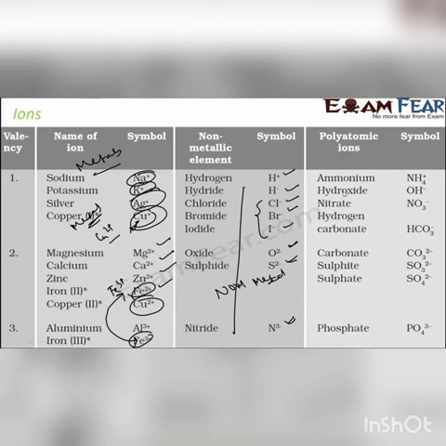Right? And these are examples of polyatomic ions. For example, NH4 plus, OH minus, NO3 minus, HCO3 minus, CO3 2 minus, SO3 2 minus, SO4 2 minus, PO4 3 minus. These are all polyatomic ions. I told you ions can also exist as polyatomic.